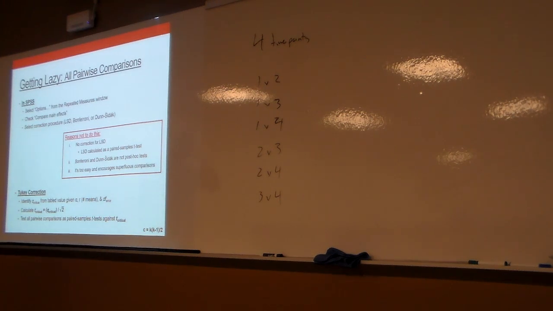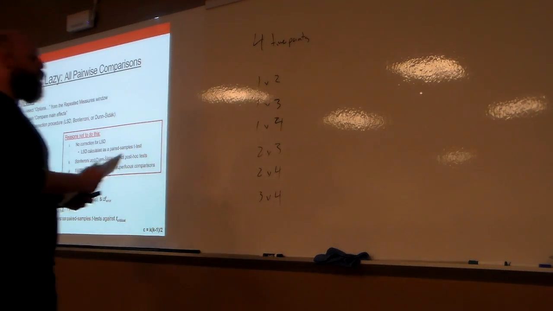As we talked about last semester, we could identify our critical Q value, given our table value based on the alpha that we want to use. R is going to be our number of means, and our degrees of freedom, right? So remember that R is our number of means. In this case, we've got 4 means, so we set R equal to 4.